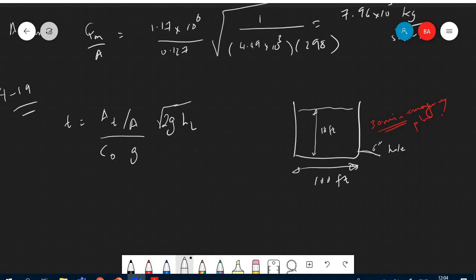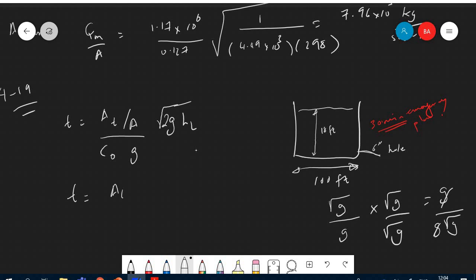So the equation is t is equal to the area of the tank divided by the area of the hole, and that is divided by Co times the square root of 2g HL.